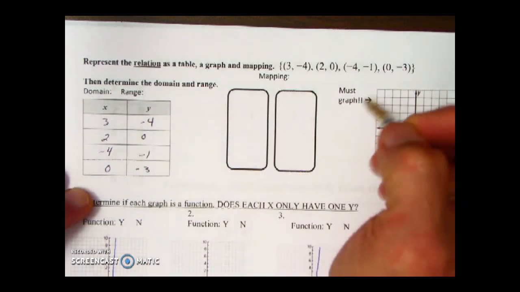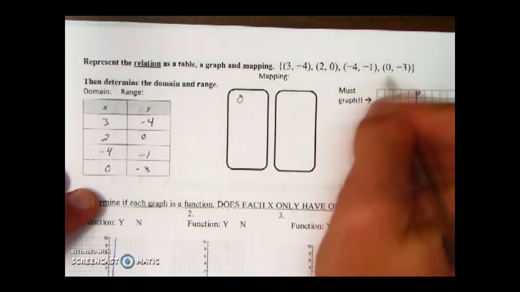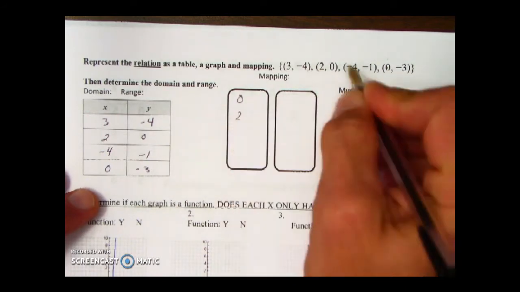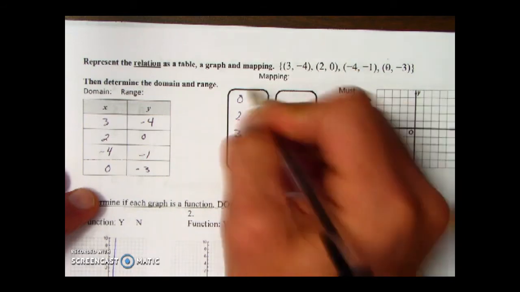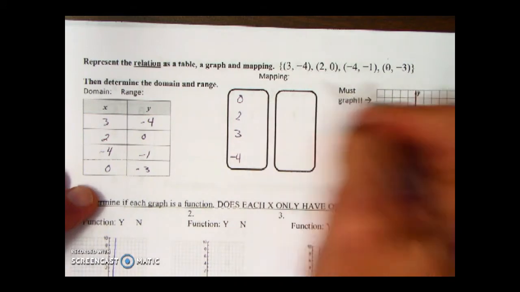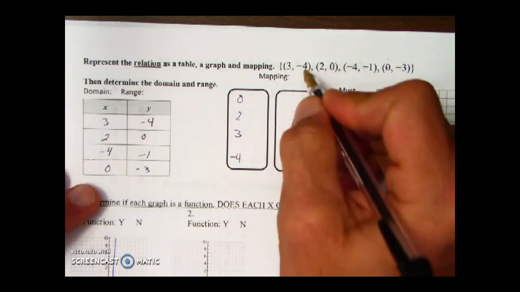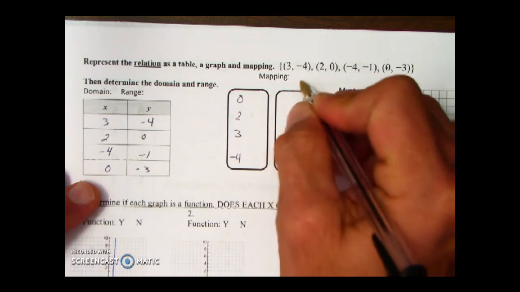Now, as a mapping, maybe I want to put these in order. So I'll start with 0, then I'll go to 2, then I'll go to 3, and I missed that -4. That probably should have been way up there at the top first. No big deal. In my range, I can put these in any order.